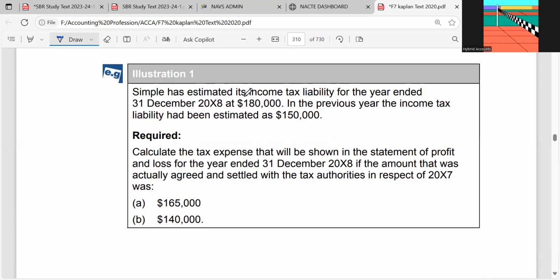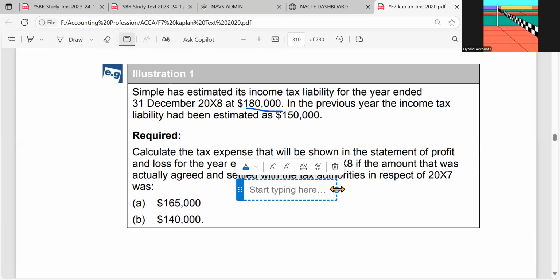Simple has estimated that its income tax liability for the year ended 31st December 2028 is this one. This is the estimated liability for the current period. If you decided to record it in the books, you would say: I expect to pay 180 for this period.